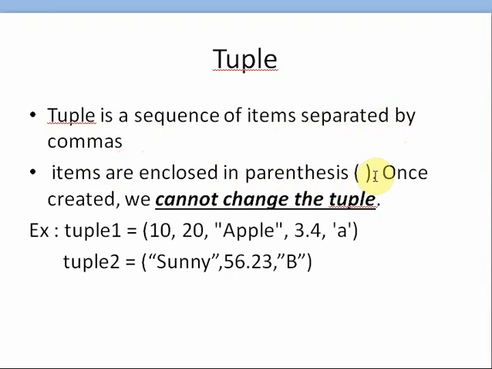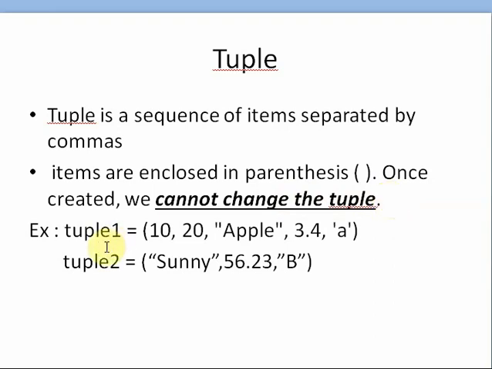You have to enclose atoms of a tuple in parenthesis. Once created, we cannot change the tuple. If we created a tuple and then want to change the contents, you cannot change the contents. So it is an immutable data type.